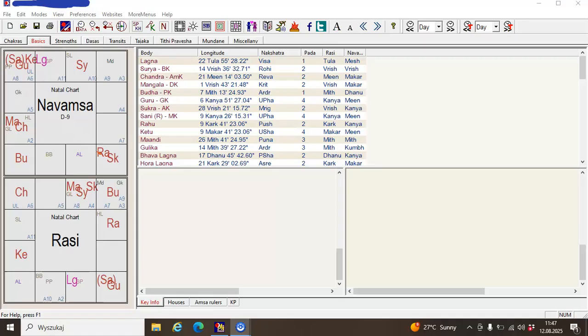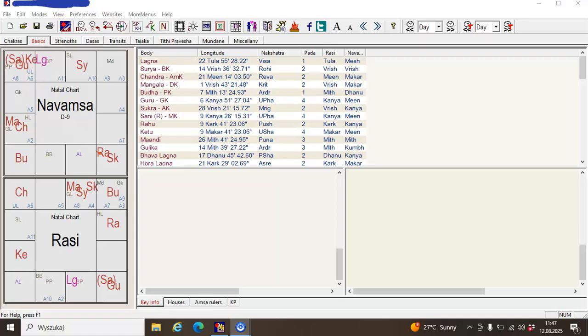That's the difference. And here, what you also need to remember is that the Antardasha and Pratyantardasha order is always direct. When we establish the order of Mahadasha, Antardasha or Pratyantardasha, the order of these dashas is always direct.